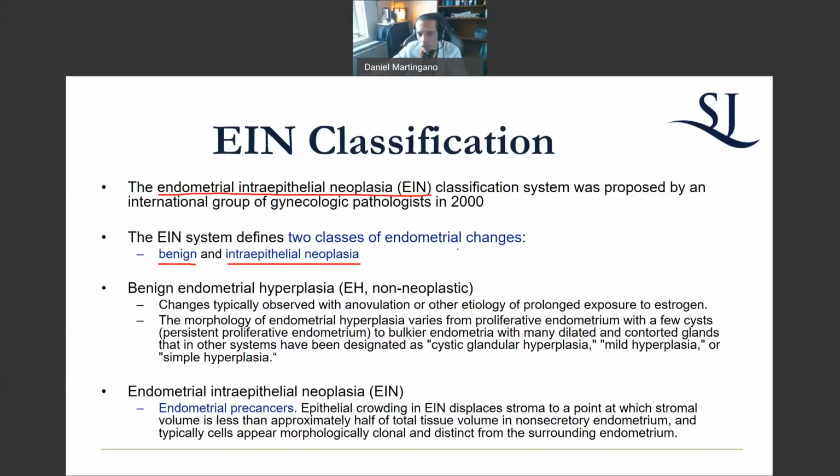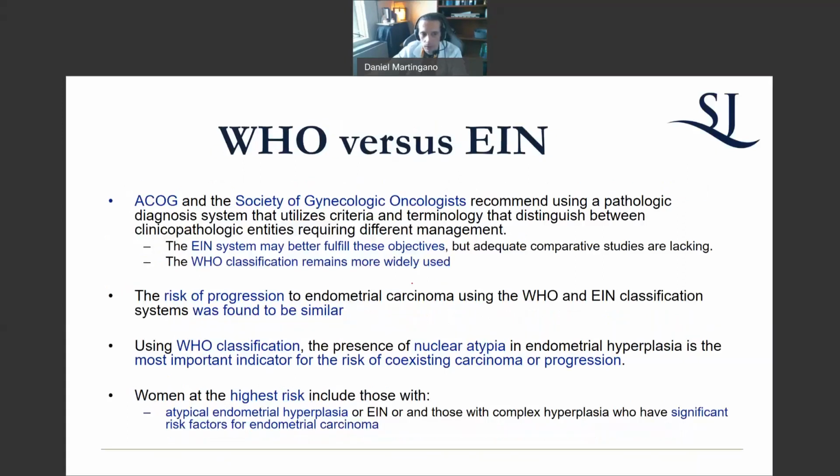Gyne-oncs and gynecological pathologists like to use this, but really it's not that common, and I don't think it'll show up on your exam, but things are changing, so that may be. The bottom line is that if you have benign, you're benign. If you have EIN, well, that's a precancerous lesion, okay? They studied this, ACOG and the Society of Gyne-oncs, to see which was more reliable. They were found to be similar. So just know what they are.